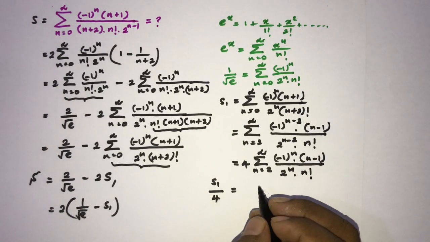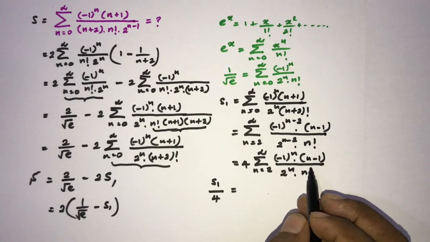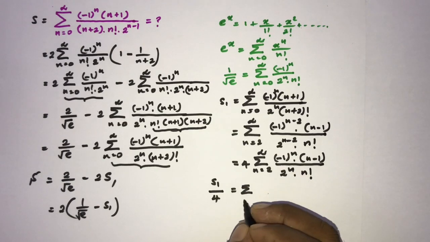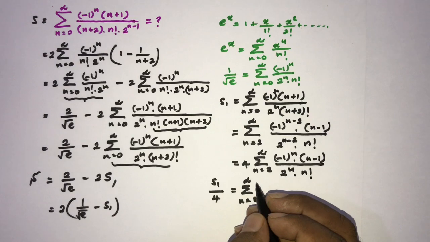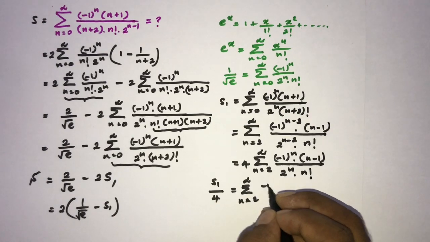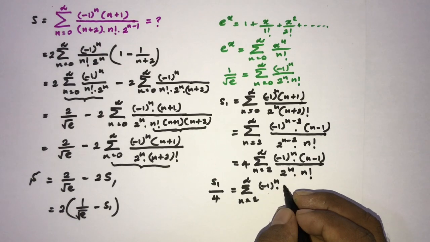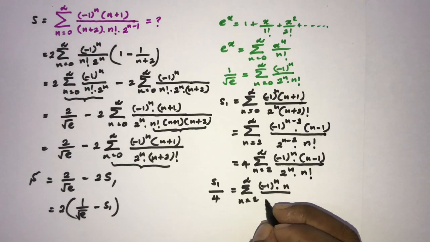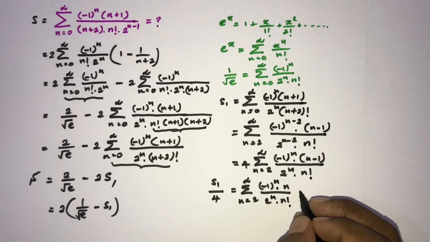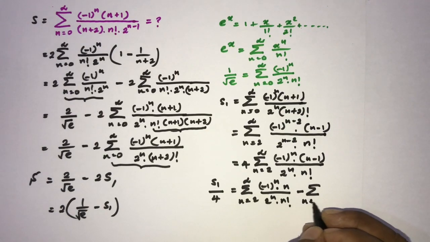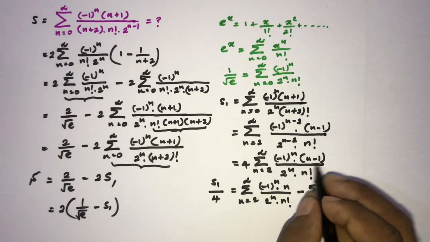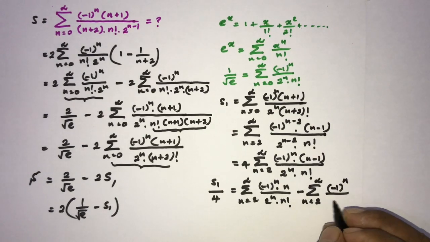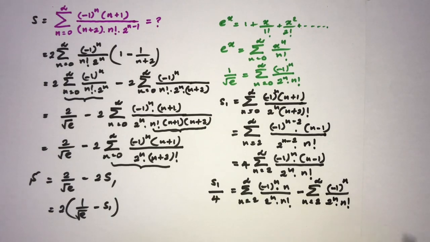Now we can simplify this part times n and this part times minus 1, so we can split this sum into two different sums. The sum from n equal to infinity of minus 1 to the n power times n over 2 raised to the n times n factorial, minus the sum from n equal to infinity of minus 1 to the n over 2 raised to the n times n factorial.